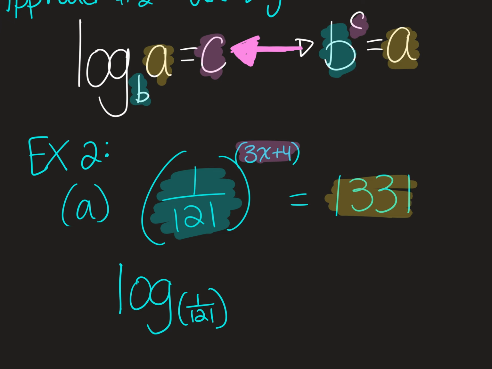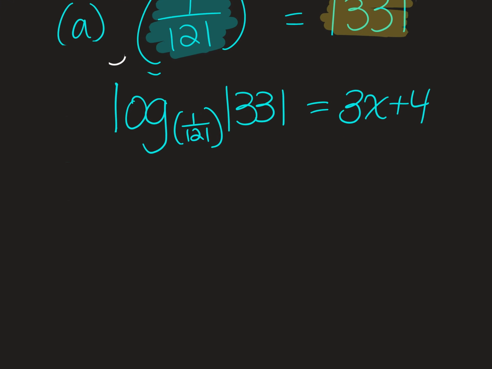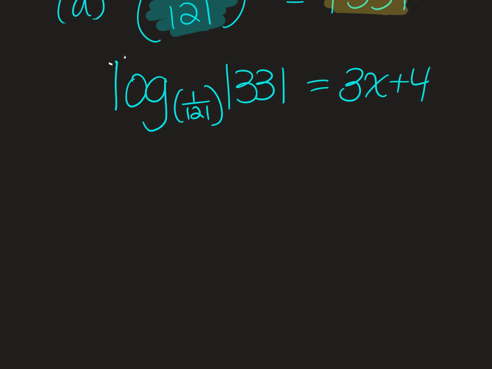My power is 3x plus 4. I always think about that's what the logarithm is going to be equal to. And then whatever's left goes here, 1331. So we end up with this expression: log with a base of 1 over 121 of 1331 equals 3x plus 4.